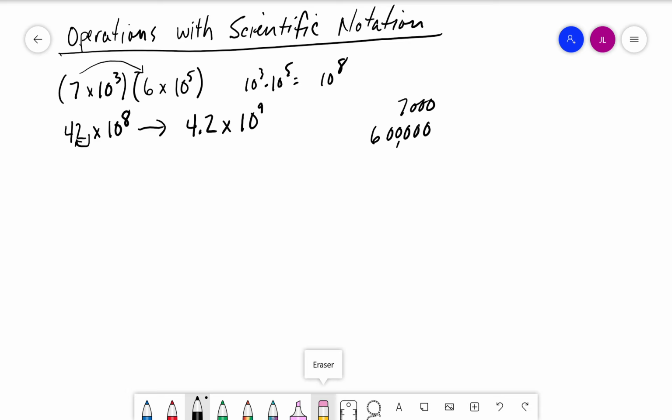So if we look at 7,000 times 600,000, what we get is 42 with 8 zeros. If we want to put this in scientific notation, of course, we have to move the decimal point 9 places. 4.2 times 10 to the ninth.